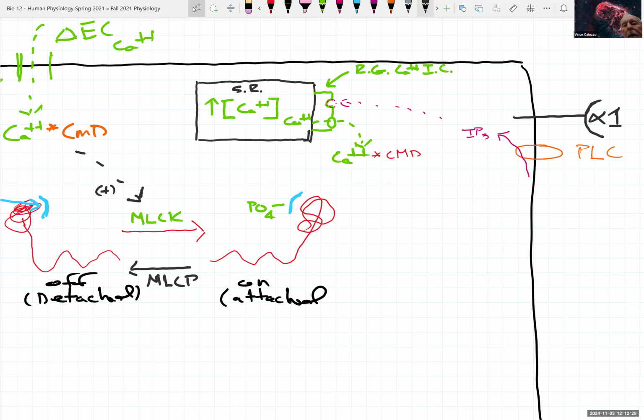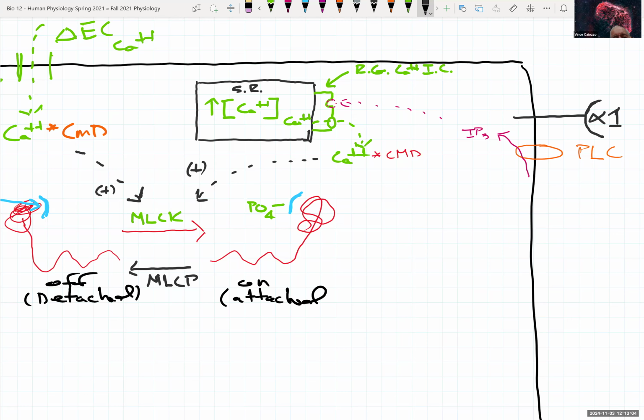And through this set of events, we can turn on myosin light chain kinase, which will lead to the phosphorylation of the regulatory myosin light chain, causing the myosin molecule to go through its power stroke and develop force.